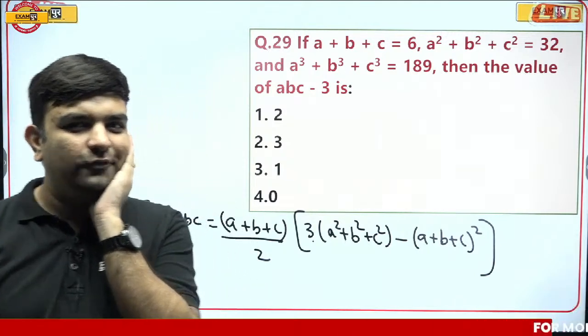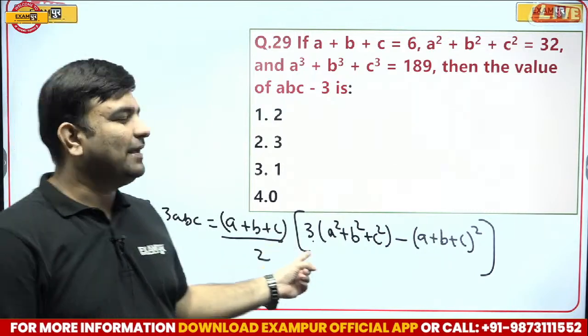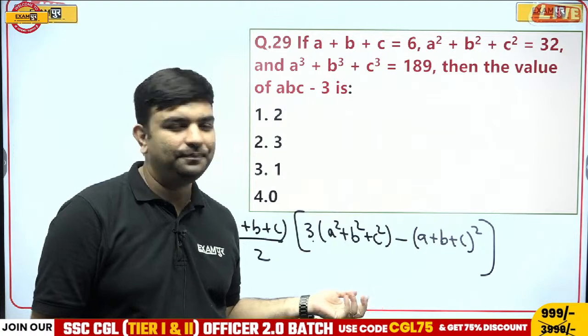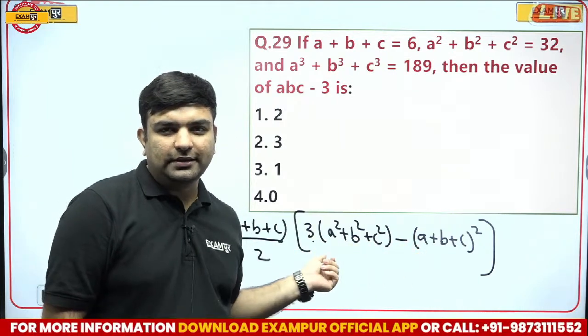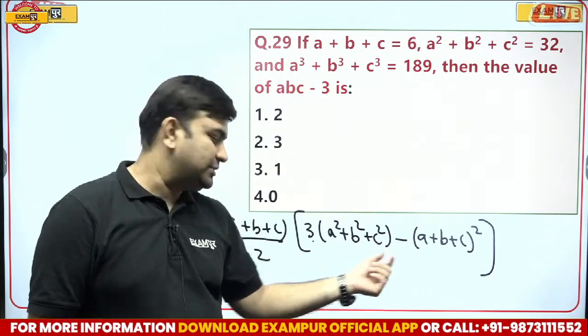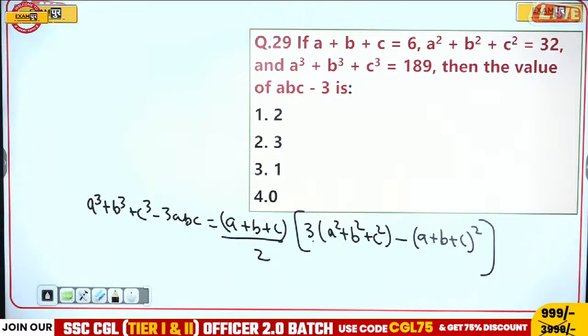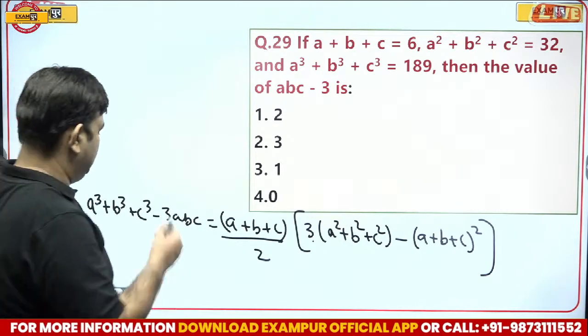Guys, I know a trick for it. That is why I recall it every time. The trick is 3a square minus a square, that is 2a square divided by 2, so a square ultimately. I have given you the point.